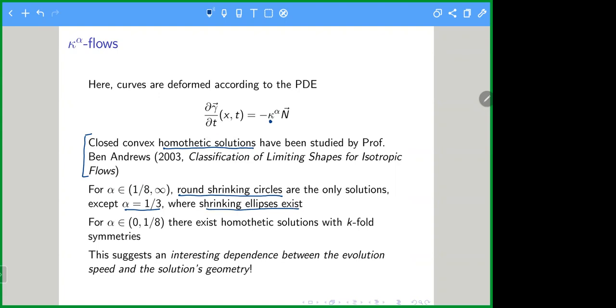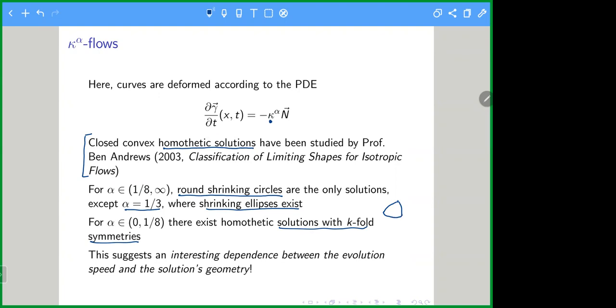But for alpha less than 1/8, what seems to happen is you have solutions with k-fold symmetry showing up in addition to the circles. So polygonal kind of objects.